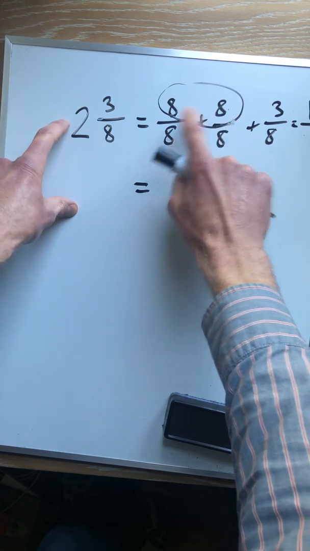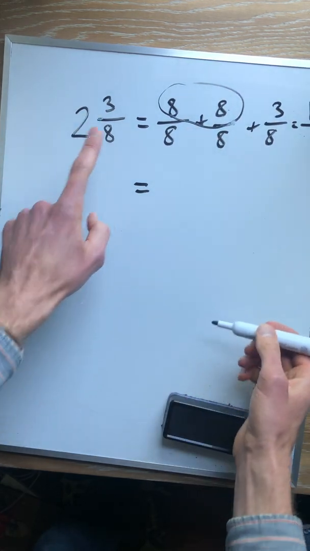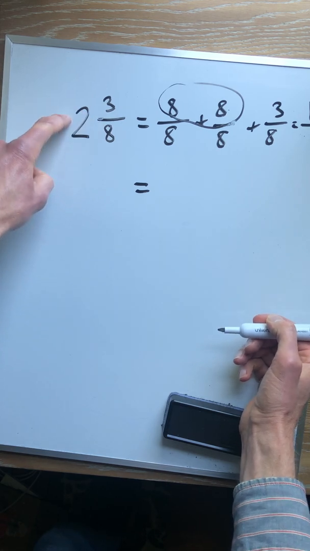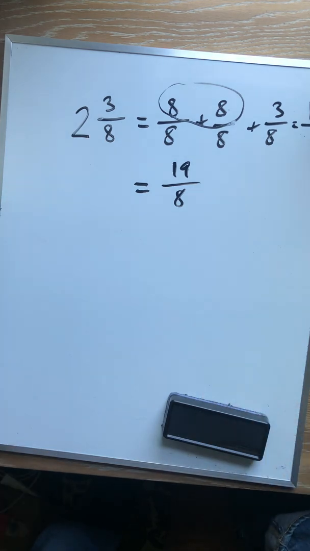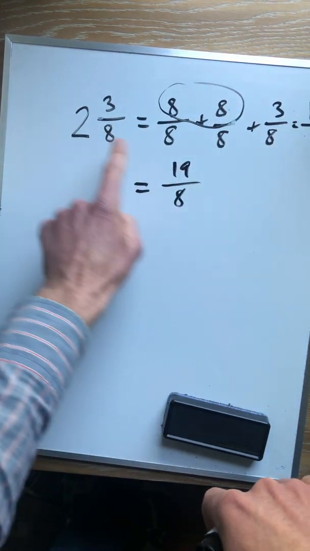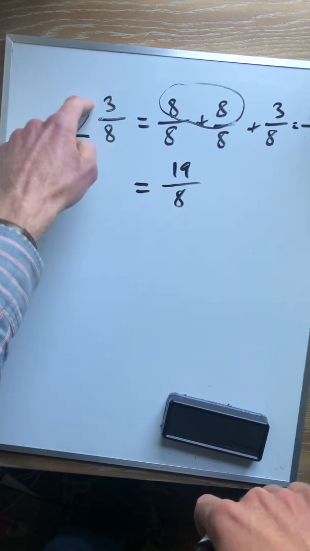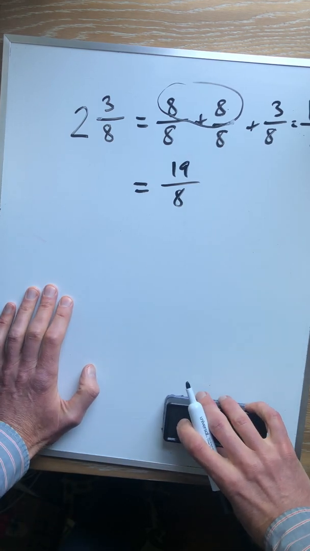So 8 times 2 is 16, plus 3 is 19, and we're talking about eighths. So I could even just look at it and say 8 times 2 is 16, plus 3 is 19. That's a really fast way of doing it without even writing it out. That's like a little 3-step thing. I'll do another one like that so you can see how I did that.